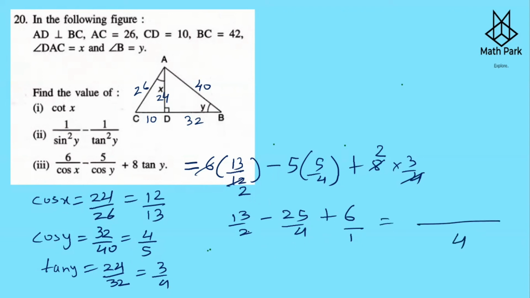So 2 twos are 4. So 13 twos are 26 minus 25 plus 6 fours are 24. So 26 minus 25 is 1. 1 plus 24 is 25. So we get this as 25 by 4, which can be written as 4 sixes are 24 plus 1, so 6 1 by 4 is our final answer.